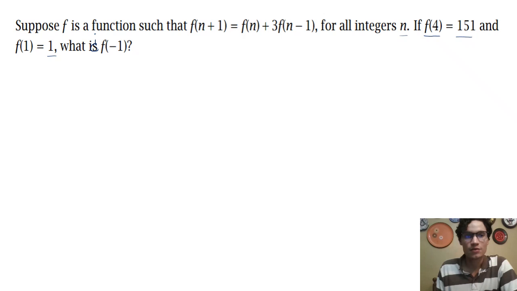To find that, we're going to evaluate the function at different points, starting with f(4). By definition, f(4) will be equal to f(3) plus 3 times f(2).